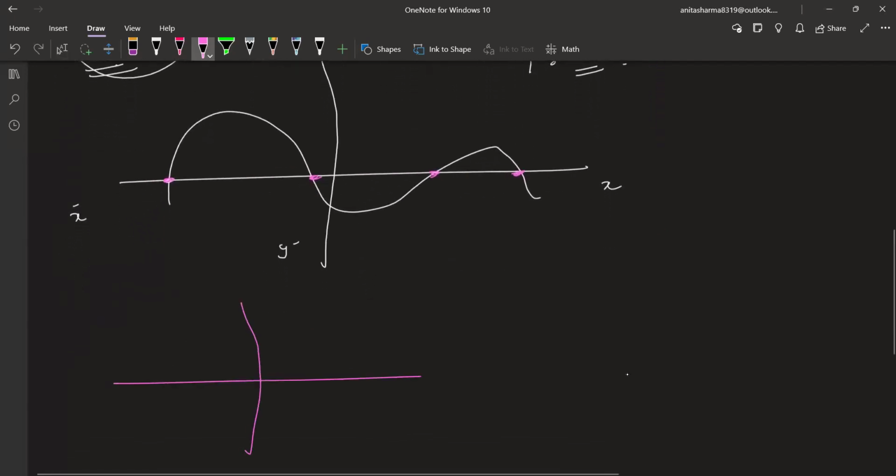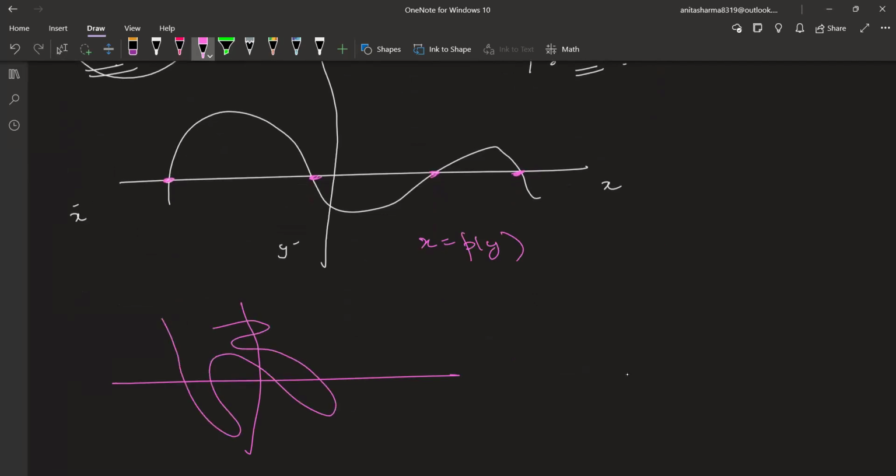Now next is, yes, Sudhamshu. Tell me, beta, if you are given x is equal to py, then tell me the number of zeros. I have changed it. X is equal to py, I have written.